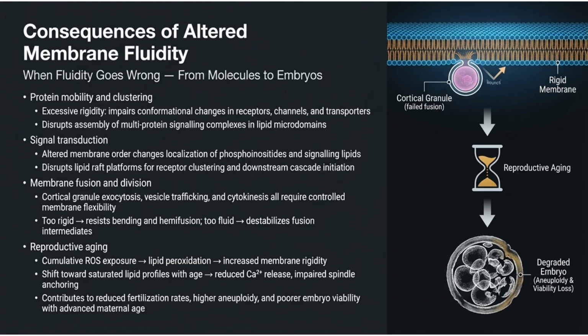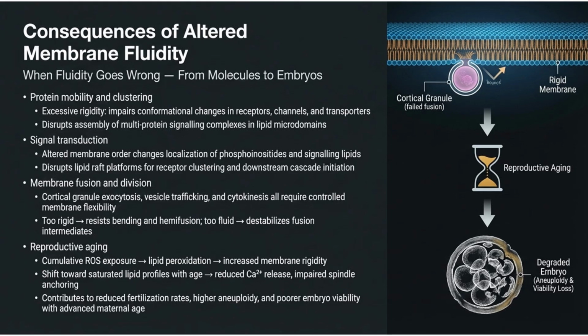Membrane fusion and division events are particularly vulnerable to fluidity changes. Cortical granule exocytosis, the critical event that establishes the block to polyspermy after fertilization, requires the cortical vesicles to fuse with the plasma membrane rapidly and completely across the entire oocyte surface.